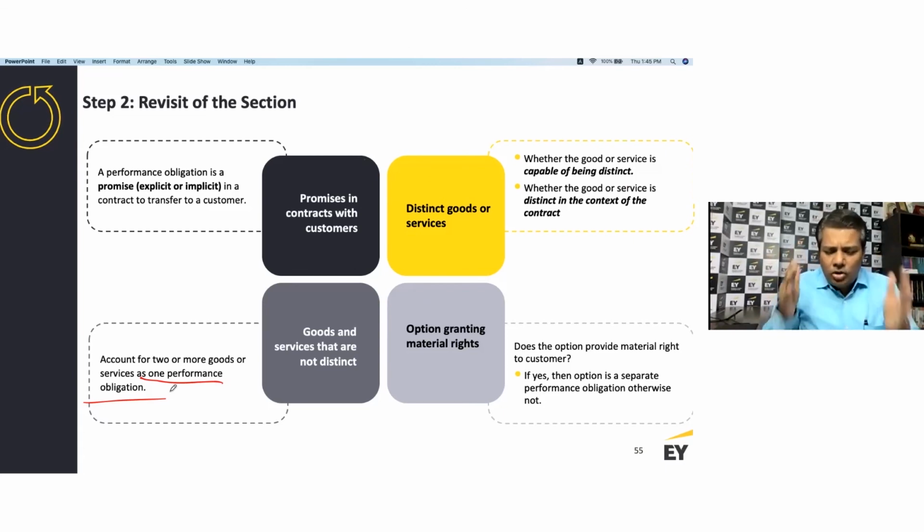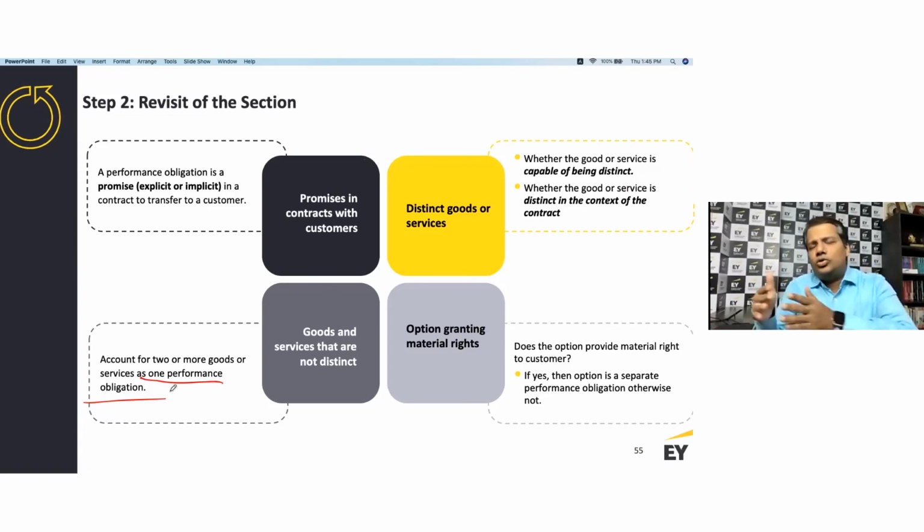So you have to identify all your performance obligations under the contract. When you identify them, you then need to assess whether to treat them separately or as one single performance obligation. You do that based on an assessment of whether they are capable of being distinct and whether they are distinct within the context of the contract. If the answer is yes, then you look at them separately.